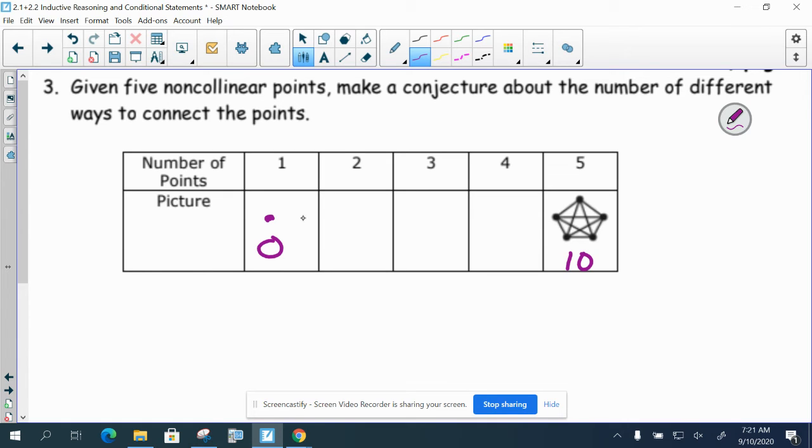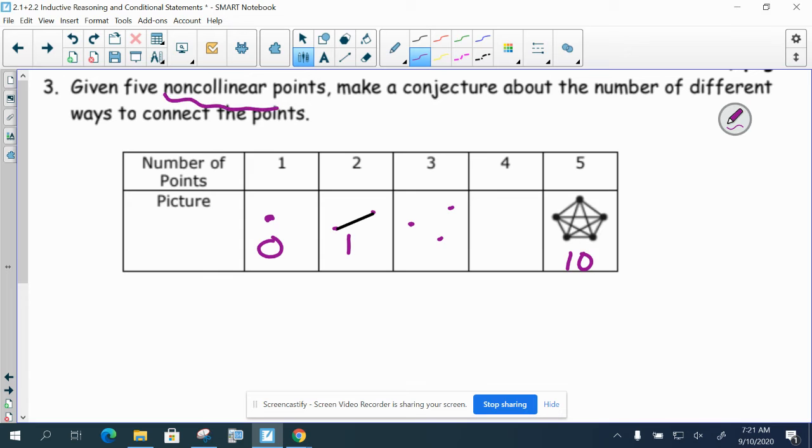Let's go back to 2. Let's say we have 2 points. How many different ways are there to connect the points? Well, there's just, I maybe should use a straight edge. So there's just one way to connect the points. If you want to be able to draw a segment, what if there are 3 points?